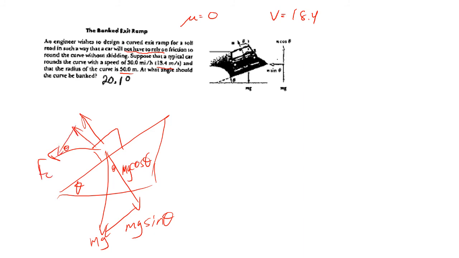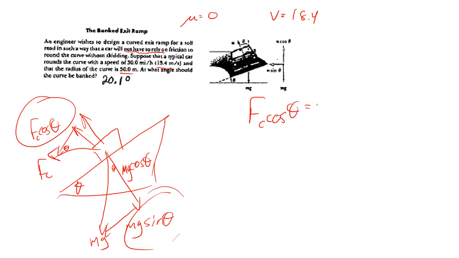That's the theta, so this is going to be your Fc cosine theta, and it's going to equal this one. These two are going to be equal to each other because there's no other forces that go that way. So Fc cosine theta is going to equal mg sine theta, divide by cosine, and then I'll do mv squared at the same time.